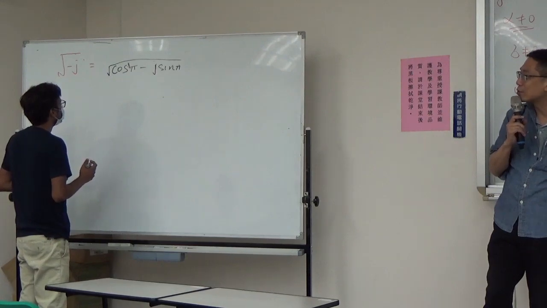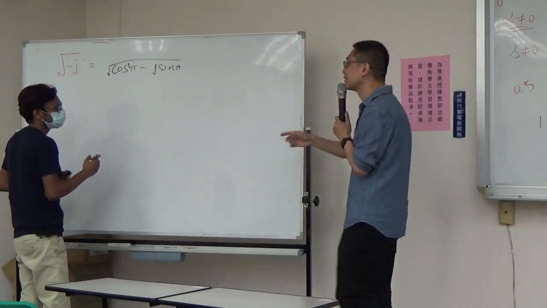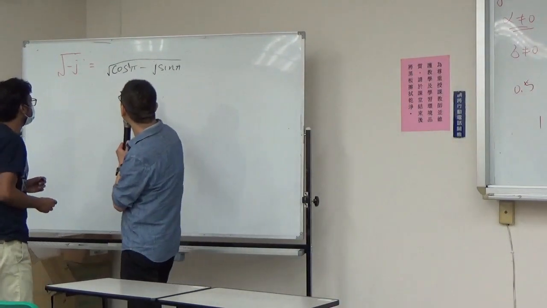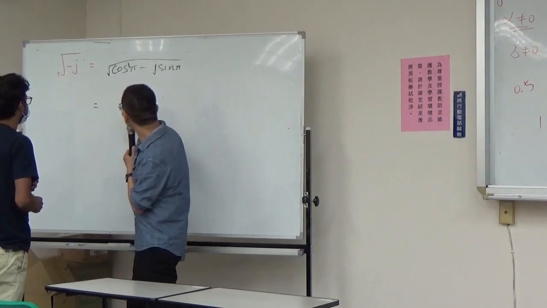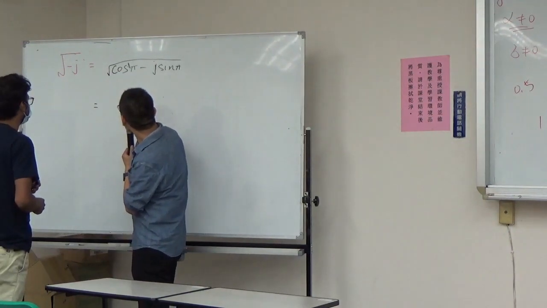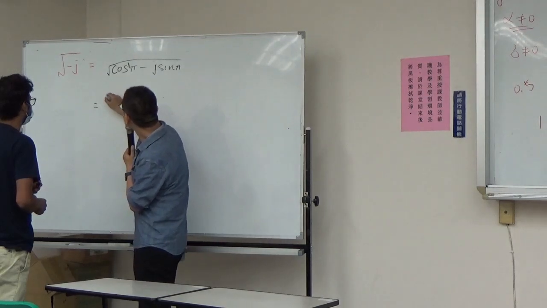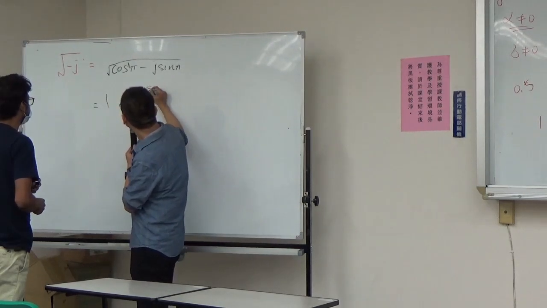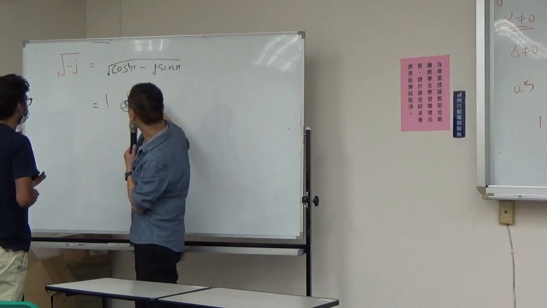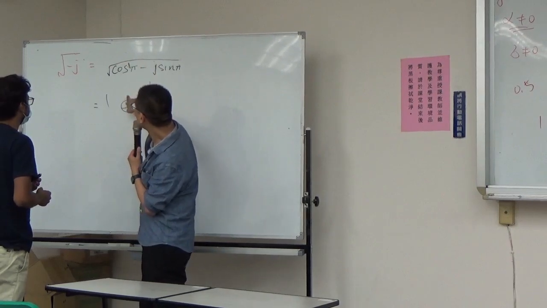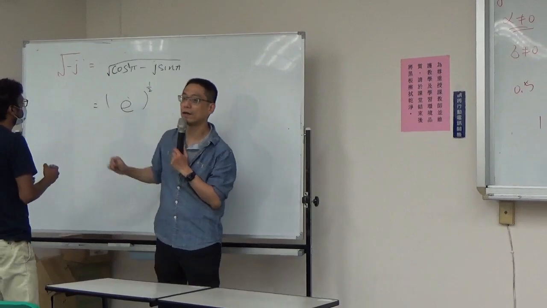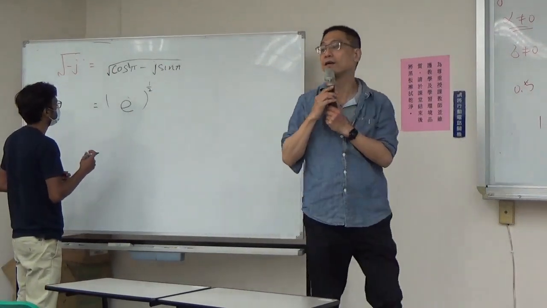Then that equals to, okay, let me give you a hint. This one, that's pretty nice. It equals an exponential of something to the square root. Okay, so what is that? Right?